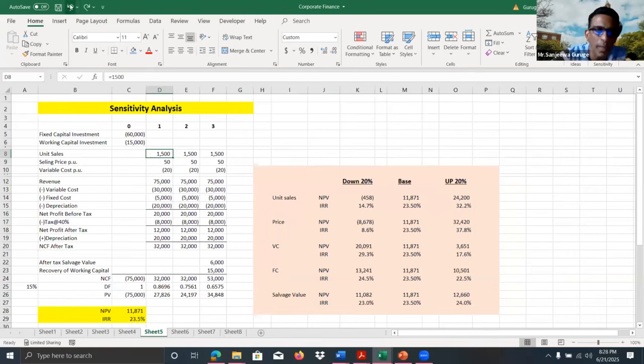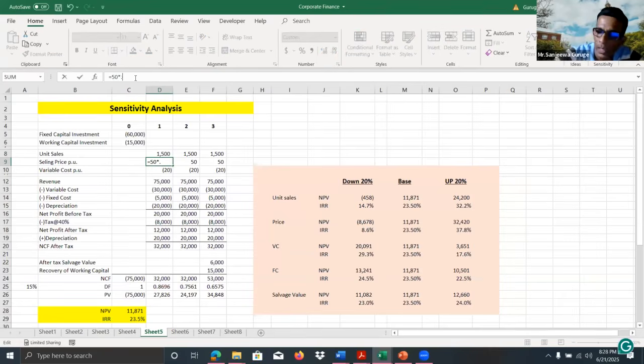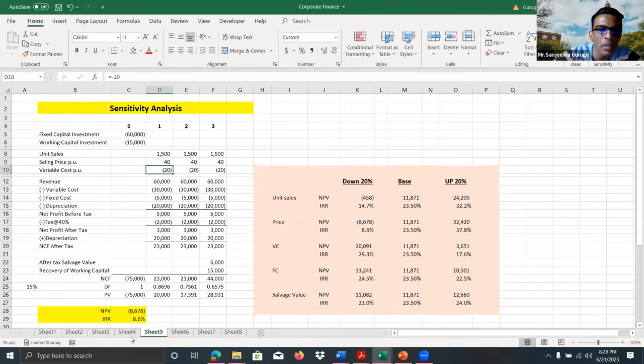We have to identify the sensitivity of a particular variable. If the selling price decreases by 20%, same adjustment, we multiply by 80%. This is what will happen. In this way, we have to see the sensitivity of each key variable.